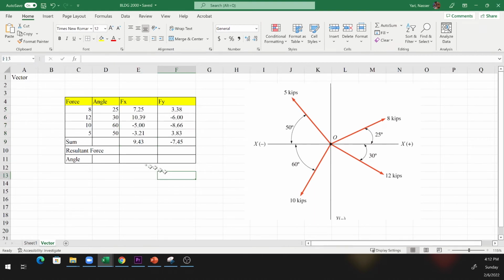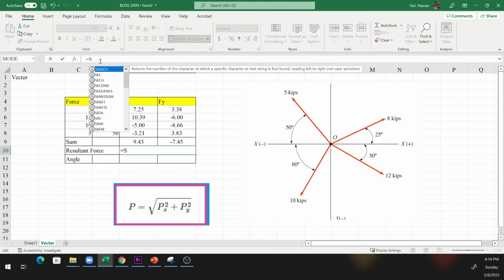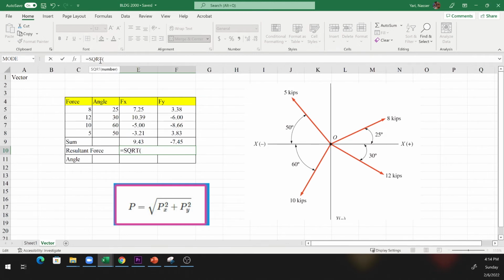There we go. Now the resultant force, we had the equation for it if you remember. Right here, I'm just going to merge this cell so it's one for all of them, and that came out to be equal, type in square root, SQRT. It should show up right there, and parentheses, and then I'm going to go ahead and do this squared.